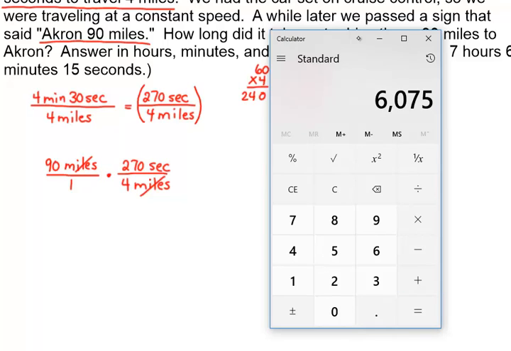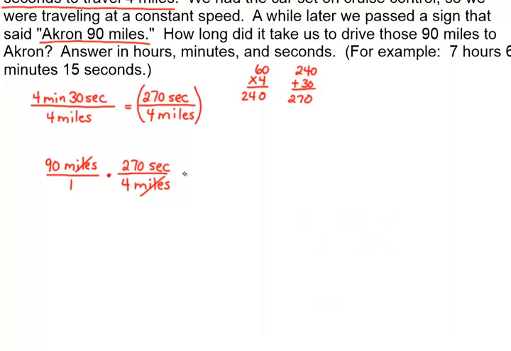So it's going to take us 6,075 seconds to go 90 total miles. Alright. So we want to figure out, well, how many hours is that? Okay, so let's change that to hours.